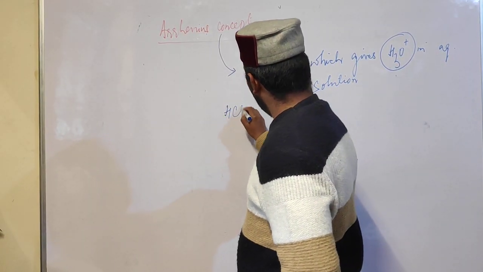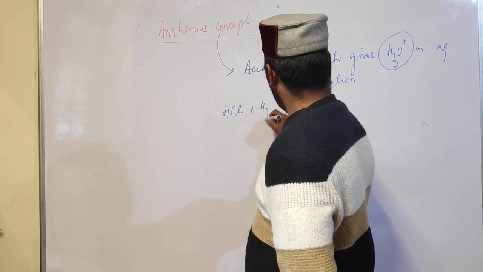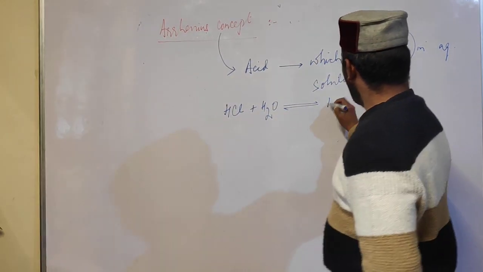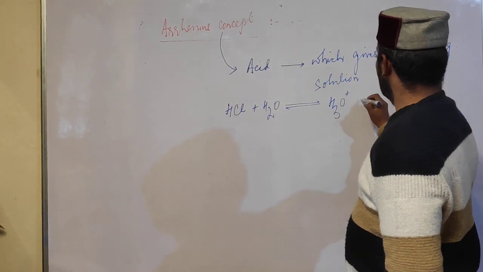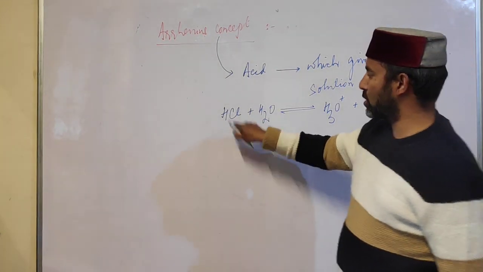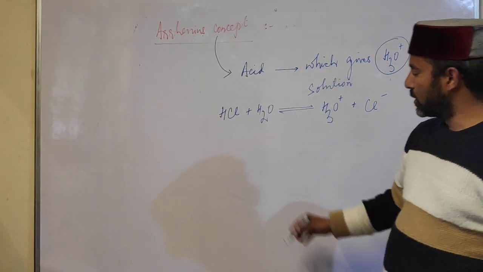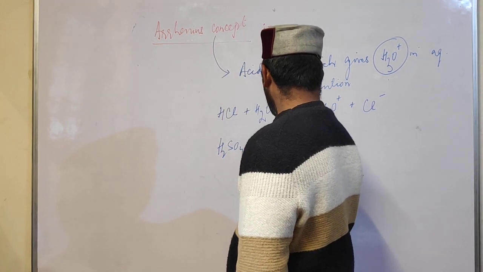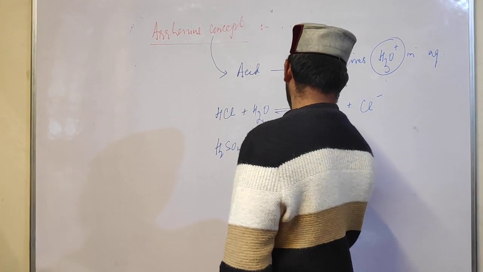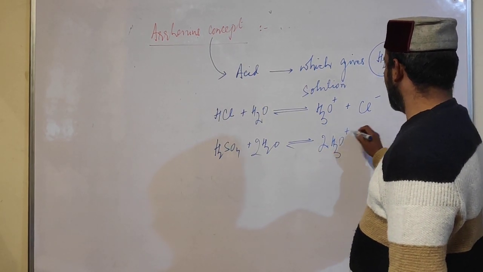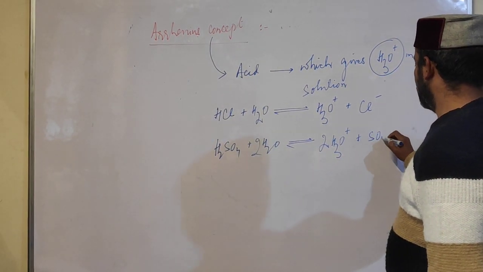For example, look, HCl when dissolved in water undergoes ionization and it gives hydronium ion as the only cation. So therefore it is an acid. Sulfuric acid, when it undergoes ionization in water, produces hydronium ions and therefore it is also regarded as an acid.